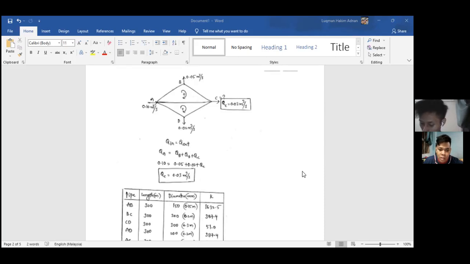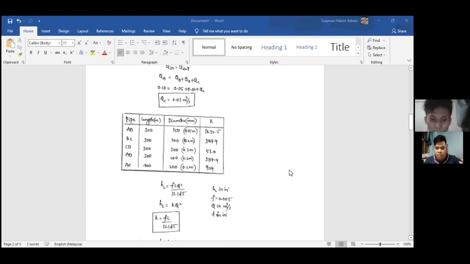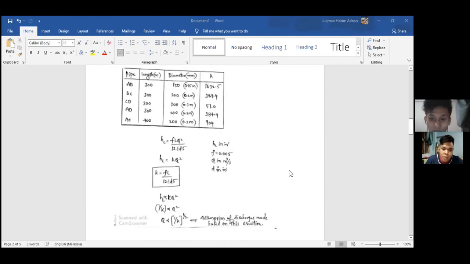So the total is 0.10 minus 0.05 and 0.02, so we get 0.03 meter cube per second for QC. And then we need to find K using the formula K equal to FL over 12.1 D^5.